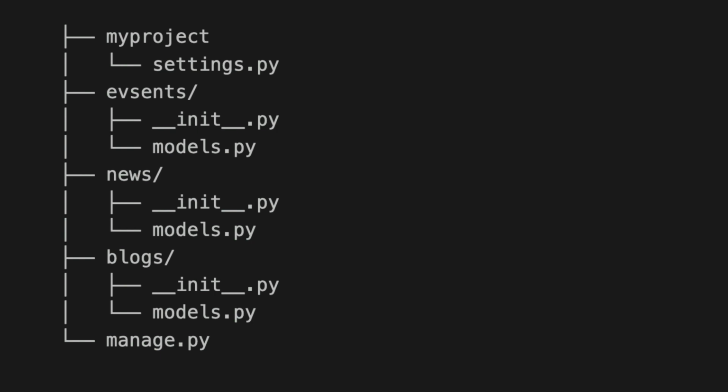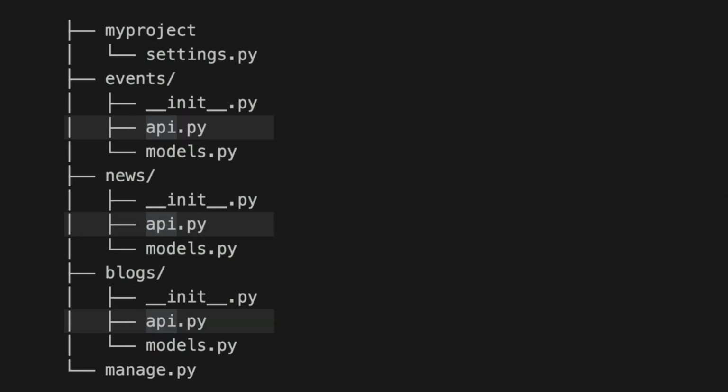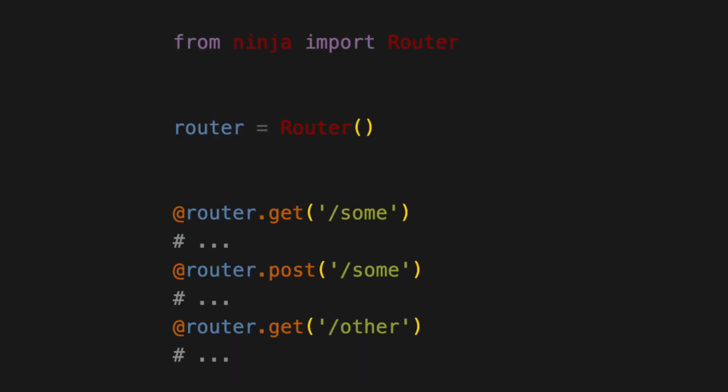In this case, what we will do is create for each application a new module, api.py, and inside this module we import a router from Ninja. A router basically has the same interface as the Ninja API class. It has all those get, post, and all the rest of the functionality.